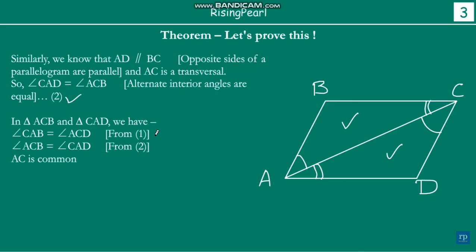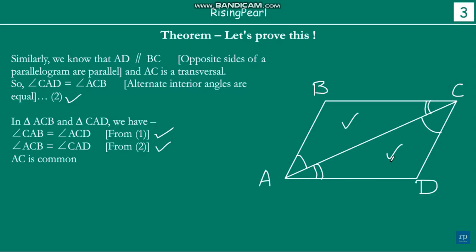So here, in triangle ACB and triangle CAD, from equation 1, angle CAB is equal to angle ACD. In this case, angle ACB is equal to angle CAD. Which is the common side here? AC. Okay, these two angles are equal and these two angles are equal.